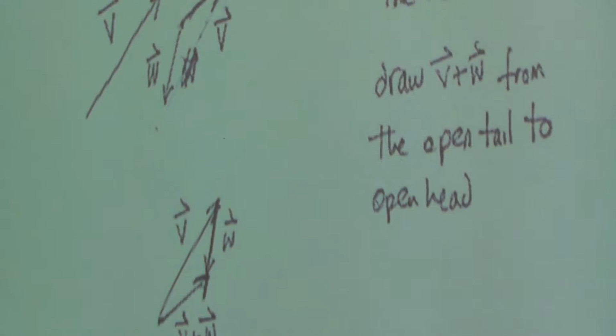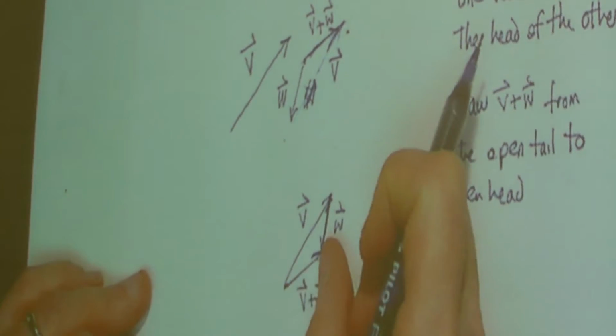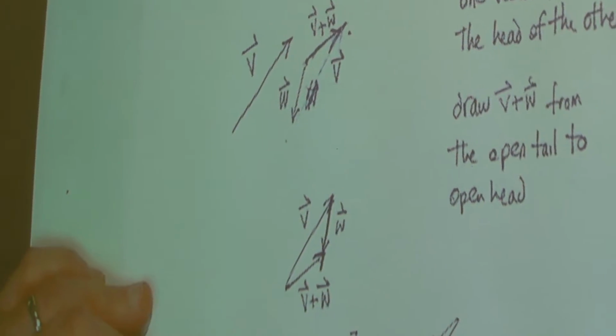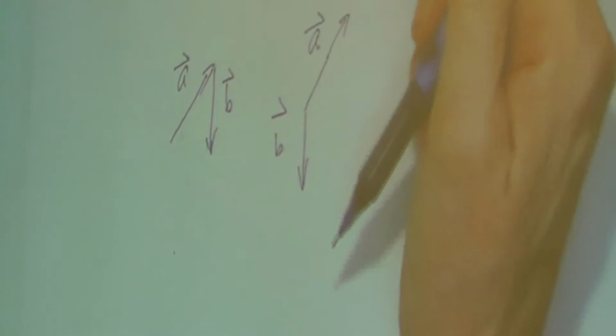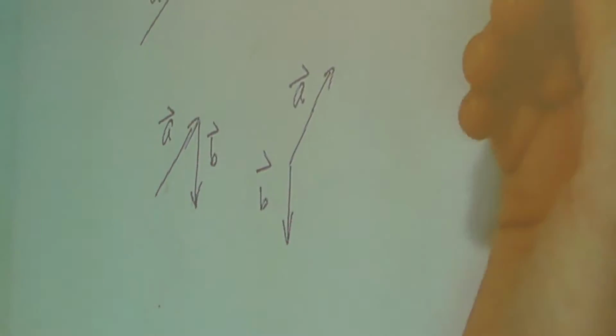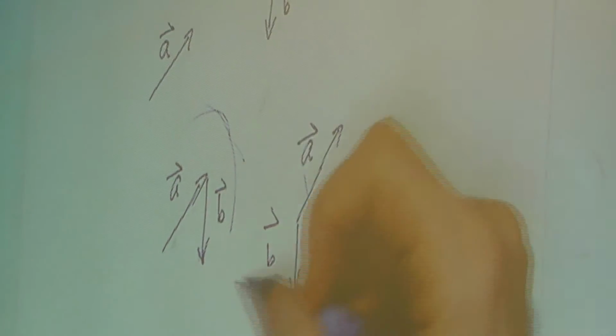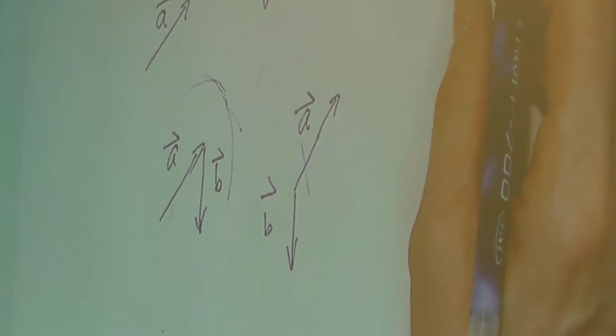It's irrelevant. The only thing that's important is its length and direction. So I'm not adding these. If I were going to go A plus B, I definitely want that and not that. Okay?